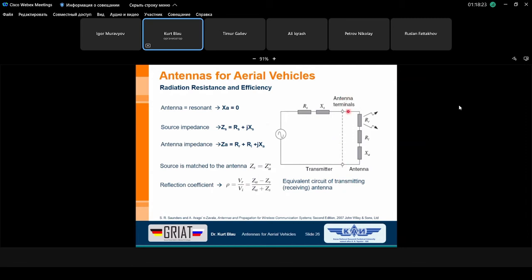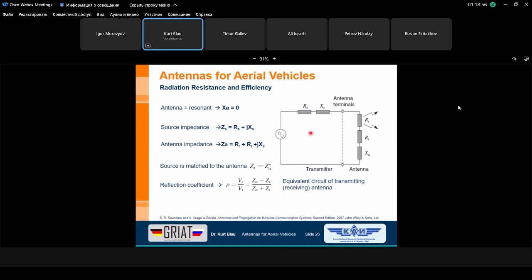Here are the same antenna terminals. Now let's look into the generator itself, which excites the antenna at the antenna terminals. The inner impedance of a sinusoidal generator, which delivers, for instance, 100 megahertz, as an example, can also consist of a real part of the inner resistance and an imaginary part.